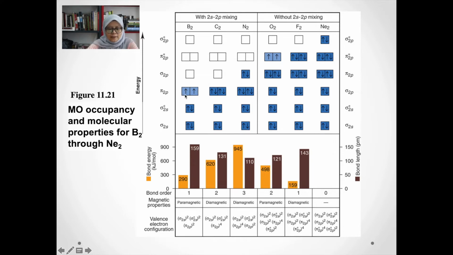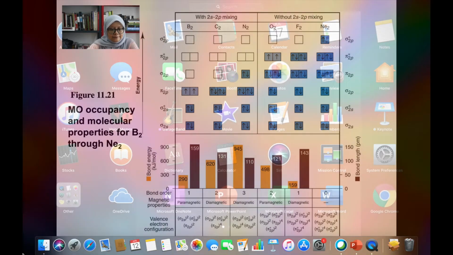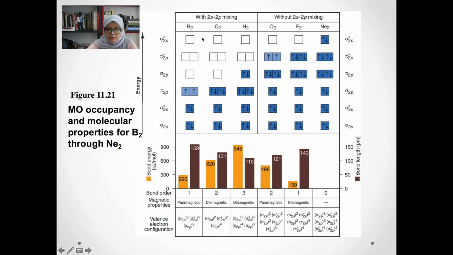So when you have two unpaired electrons, B2 can be considered paramagnetic. Then let's say we have the example of C2. Do you see any unpaired electron? No, right? So when you don't have any unpaired electron, this C2 can be considered a diamagnetic compound or diamagnetic molecule.